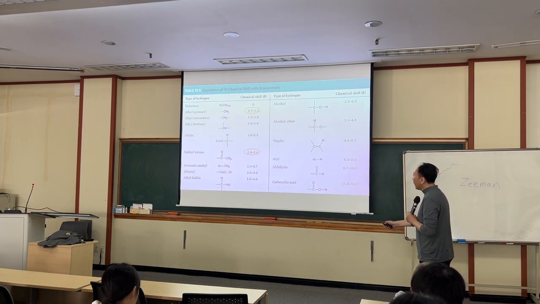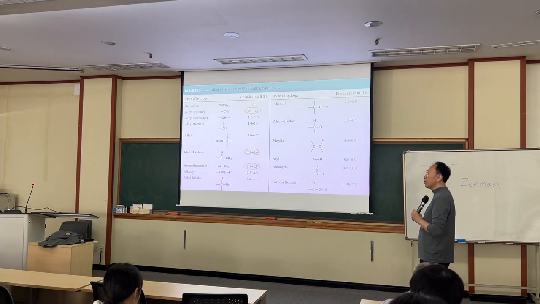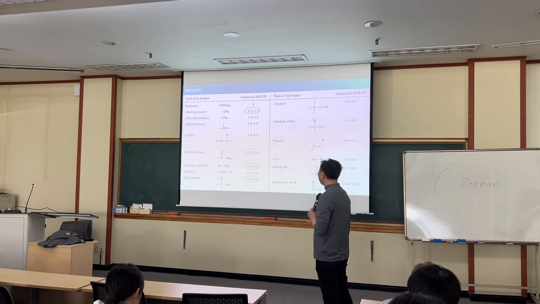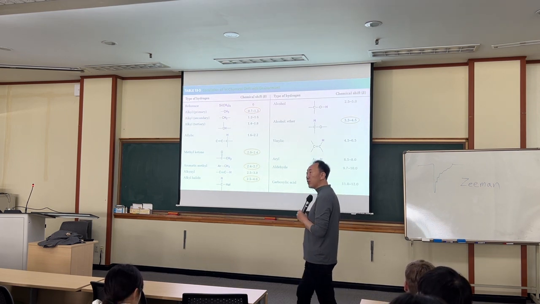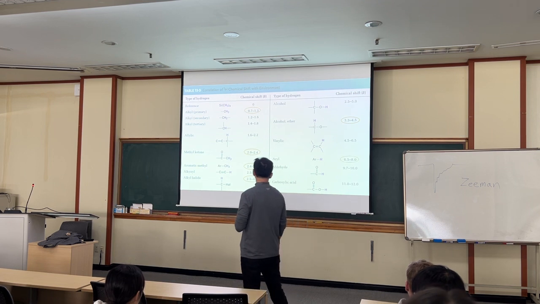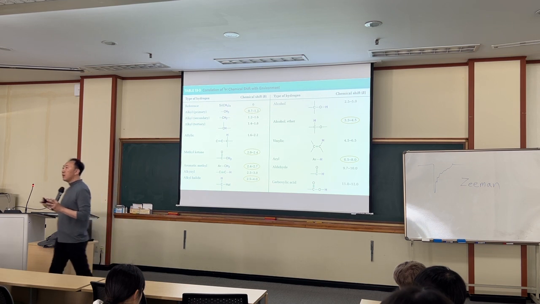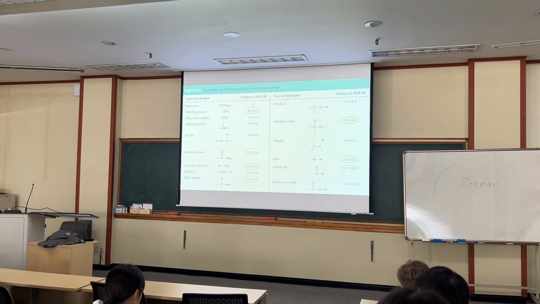Carbonyl's alpha position and also benzylic position, those are around 2, and allylic is also around 2. Any halogen or oxygen heteroatom around 3. And aromatic ring around 7. Okay, that's the approximate numbers that we can see.